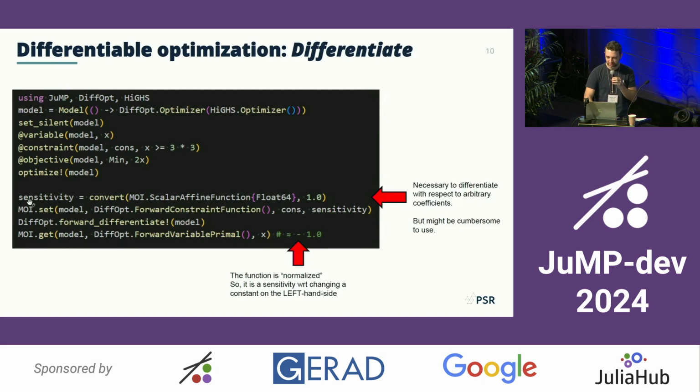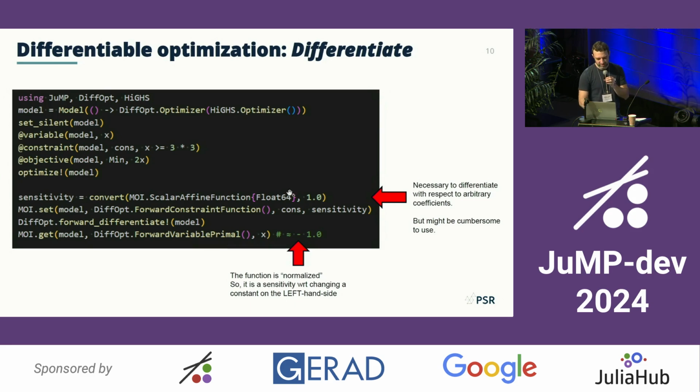In order to do that, you have to tell which sensitivities you'll be querying. To do that, you can define a scalar affine function, which says basically I'm differentiating with respect to the constant of this function. Then you pass the sensitivity function to your model, compute forward differentiation, and finally query the forward derivative of the variable x.